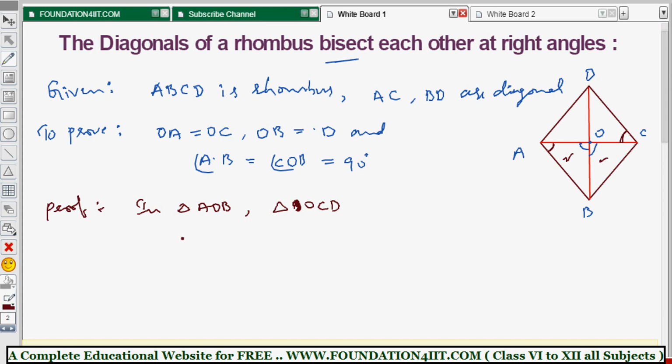From triangles AOB and COD, angle BAO equals angle OCD. You can see these two angles are equal because of alternate angles.